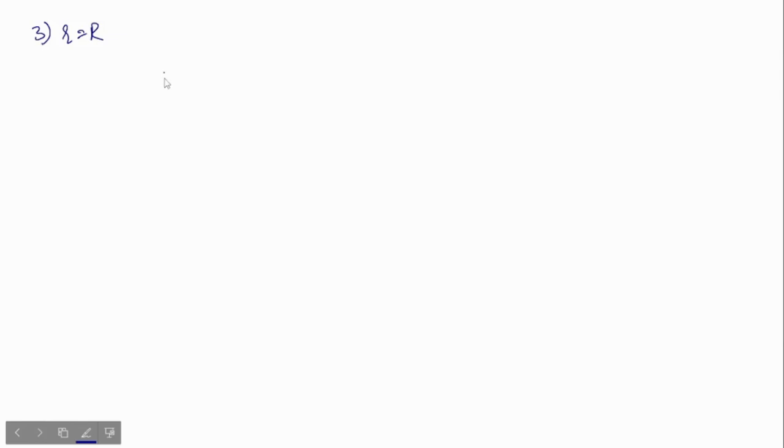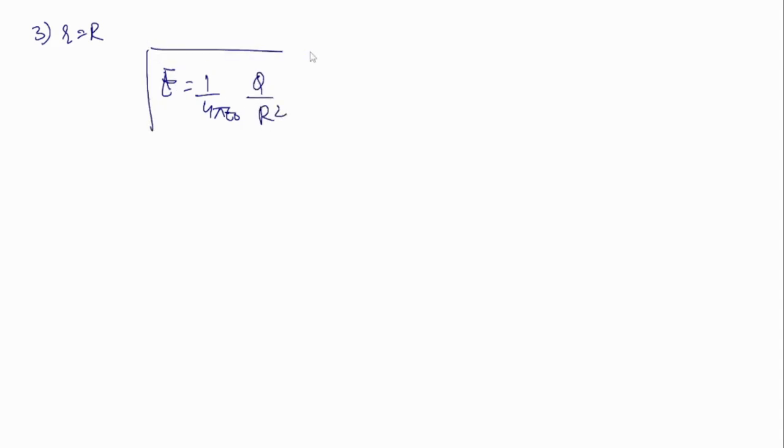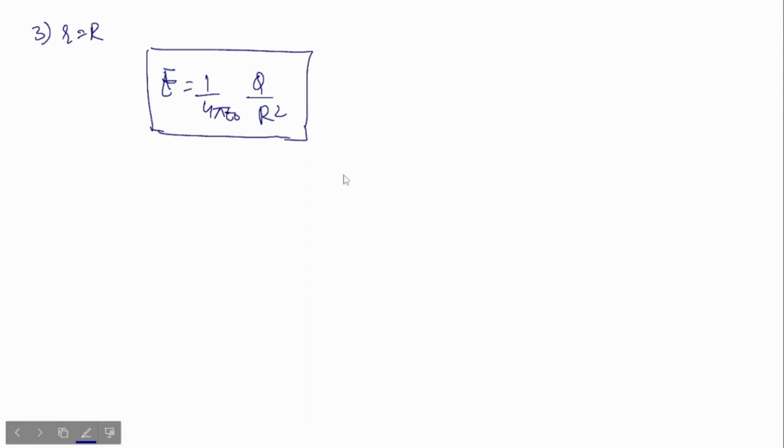So the electric field will be 1 upon 4 pi epsilon naught into Q upon capital R square. So we have found it for inside, outside, and the surface for a hollow conducting sphere and the others.